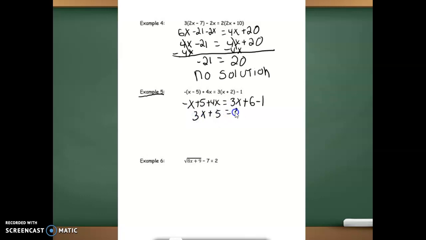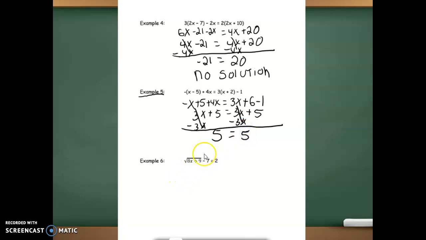Some of you may be already saying to yourself, what? It's the same problem. Yes, it is. So when I subtract, what's left over is something that makes sense.